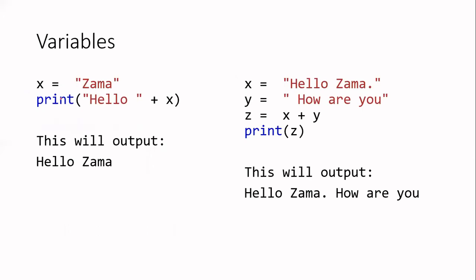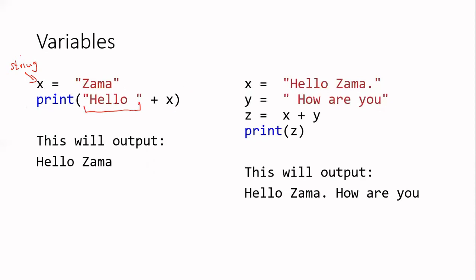Let's look at this example. I've got a variable x, and we are storing the value zama in it, which means that x is going to be a string data type variable, and we are saying print hello. That's just a message in my print statement, and then I'm printing the variable.